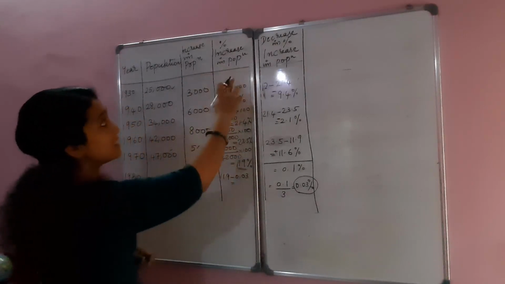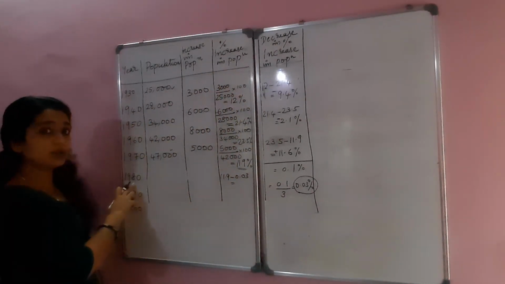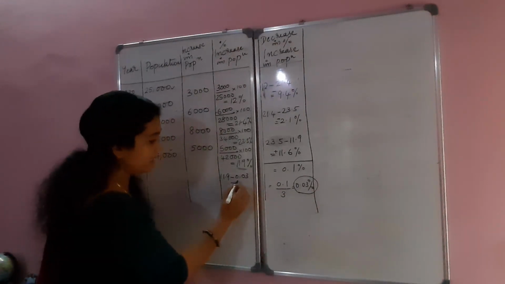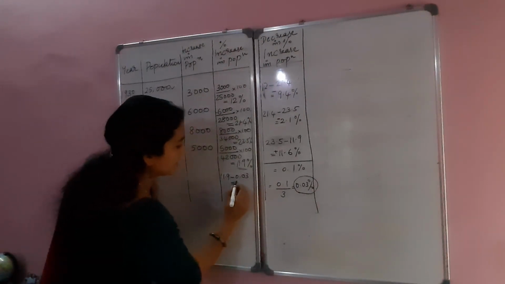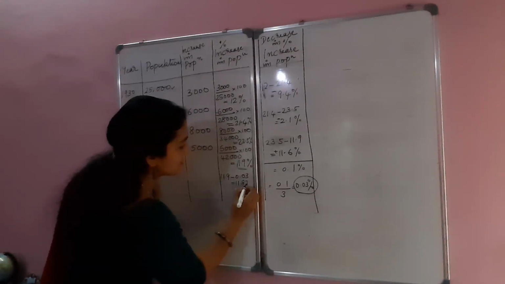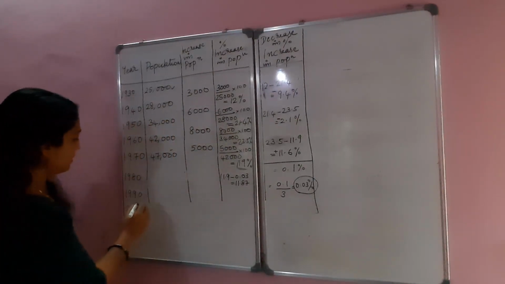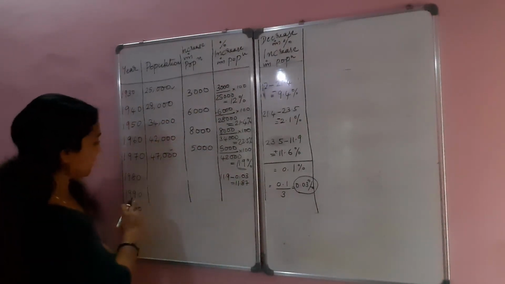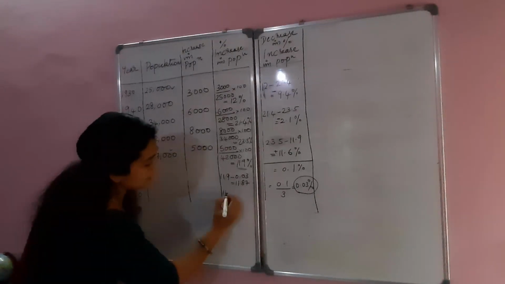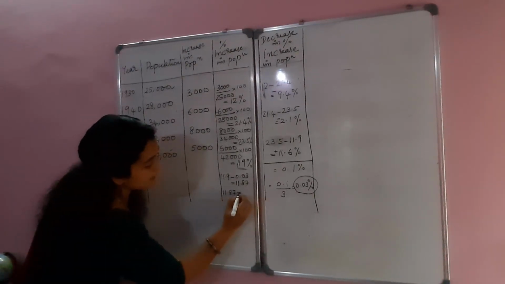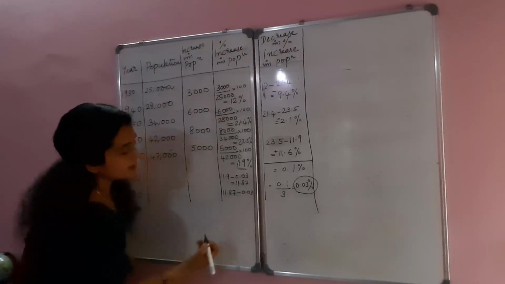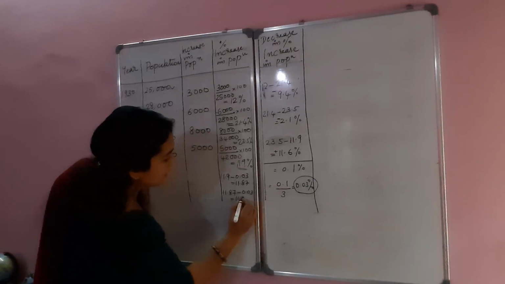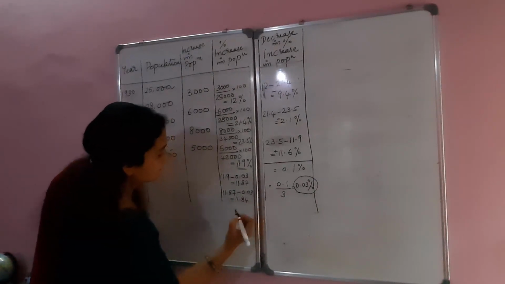Then the percentage increase in population corresponding to the year 1980 is 11.9 minus 0.03, that is 11.87. Then the percentage increase corresponding to 1990 is 11.87 minus 0.03, that is 11.84.